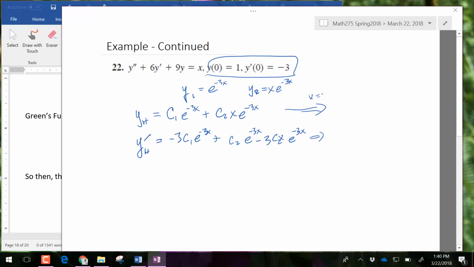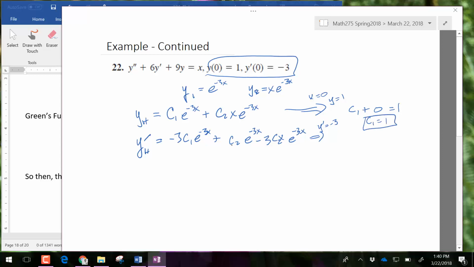When x is equal to 0, we have y is equal to 1 and y prime is equal to negative 3. So when x is equal to 0, I have c1 plus 0 c2 is equal to 1. Well, that's good. C1 is equal to 1.